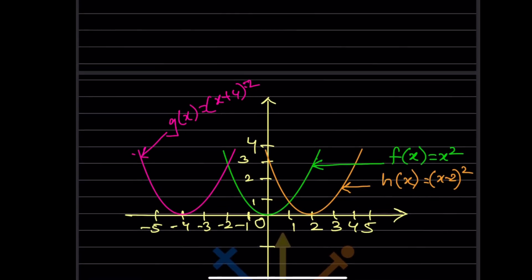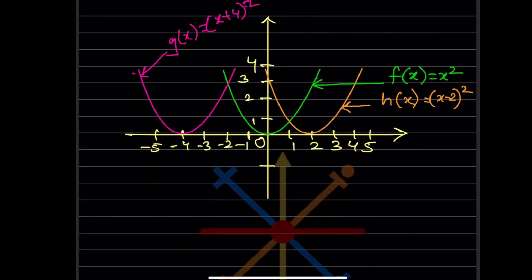So now let us see with the graph here. This is the parent one, that is f of x is x squared. If it is x minus 2 squared, from here, because this is on the 0, you are going to shift it to the right by 2 units. So it should be like this.